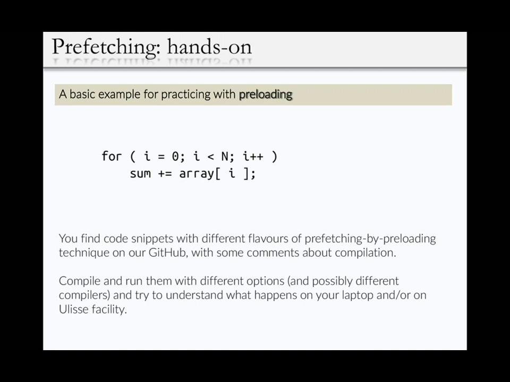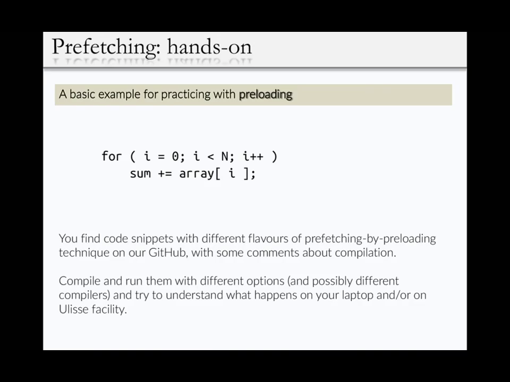this is a code snippet that I will upload, this example, so that you can play a bit and see what is the difference among the different versions. I will upload 4 different versions so you can understand what's happening.